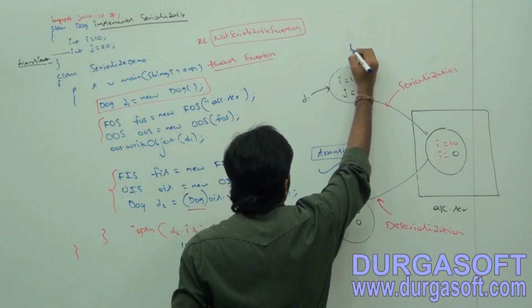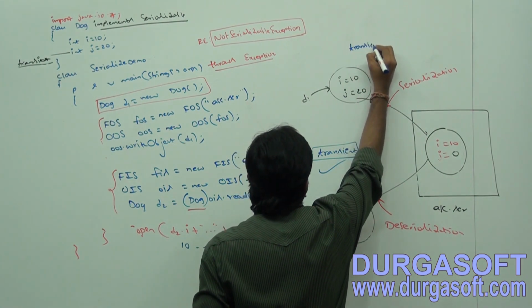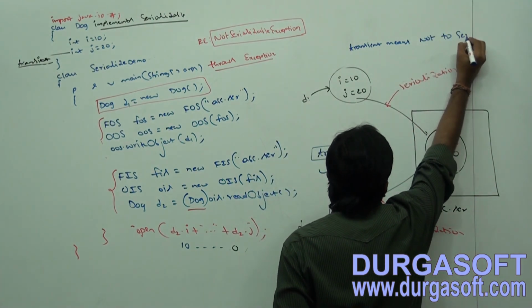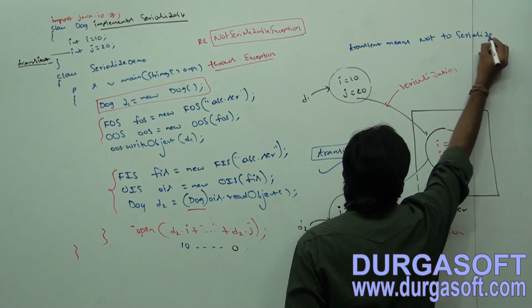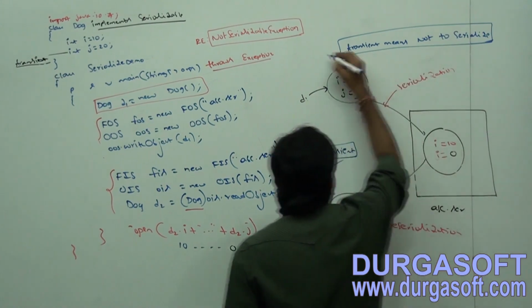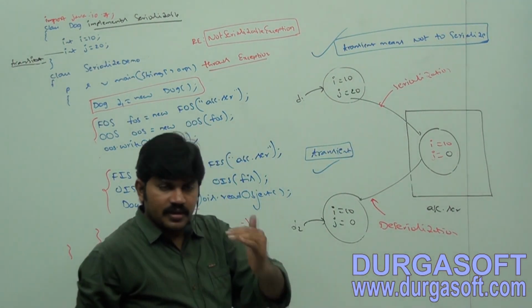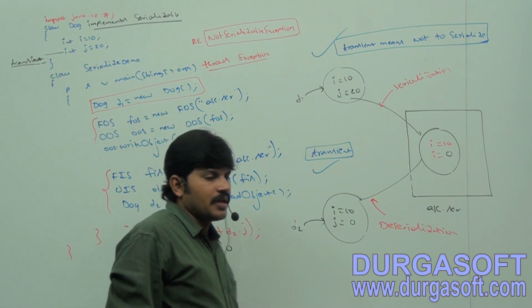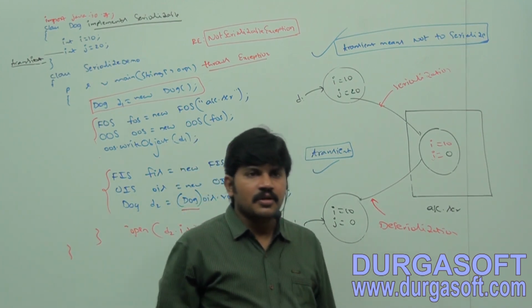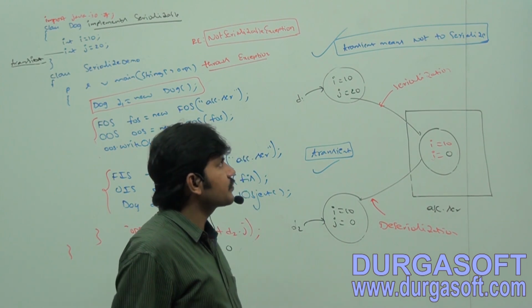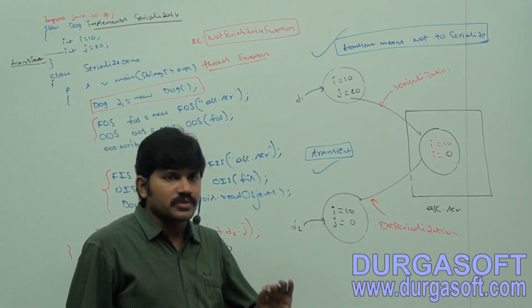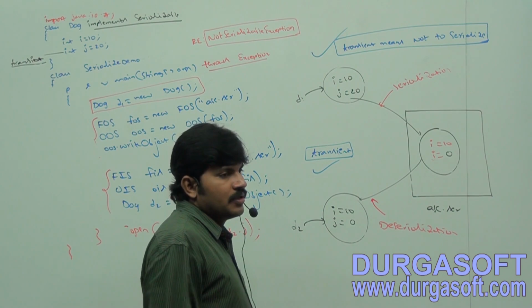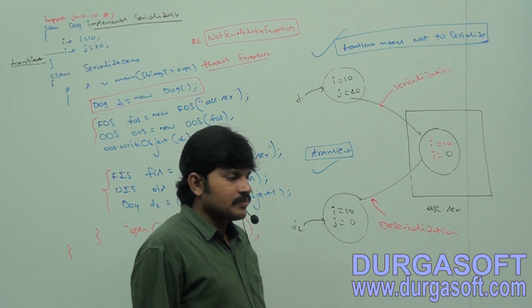Hence, transient means not to serialize. Better to highlight within the box. Not to serialize. That's all.